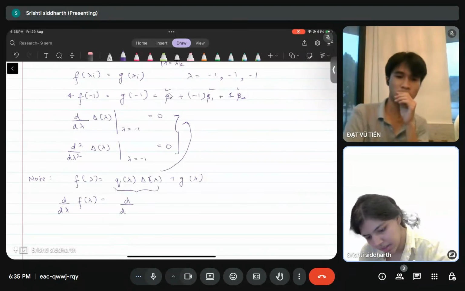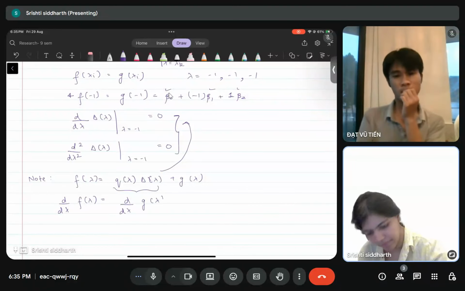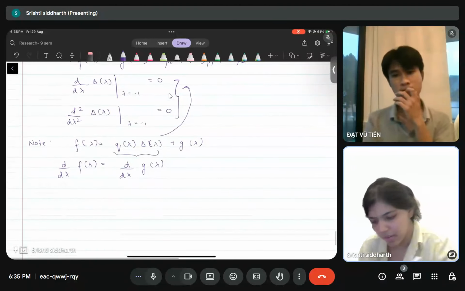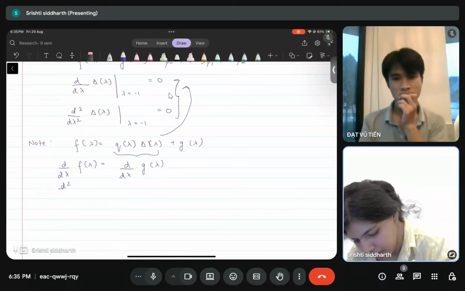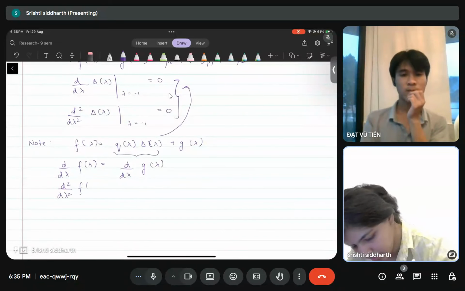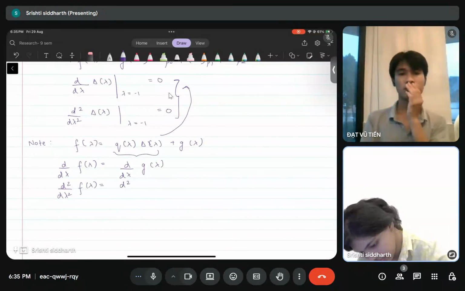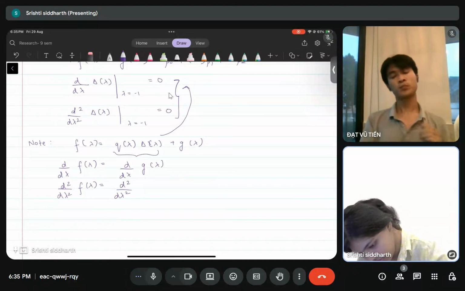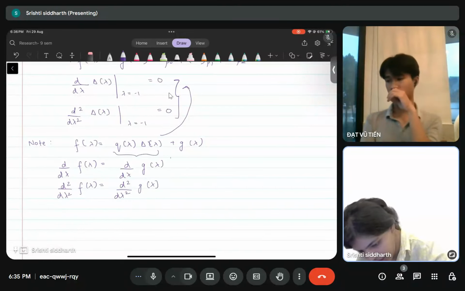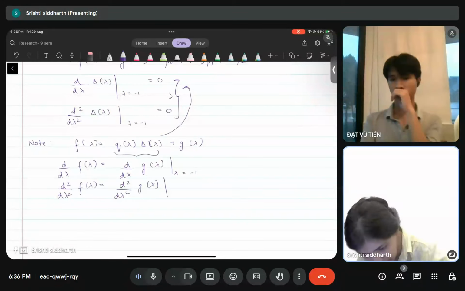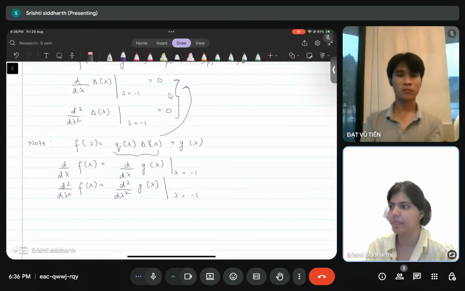This means that d lambda g lambda. And for the second order derivative, there would be another condition, again both evaluated at that repeated eigenvalue minus 1.